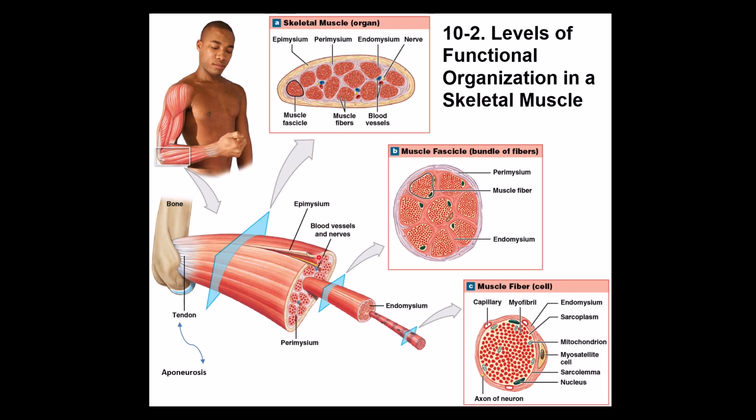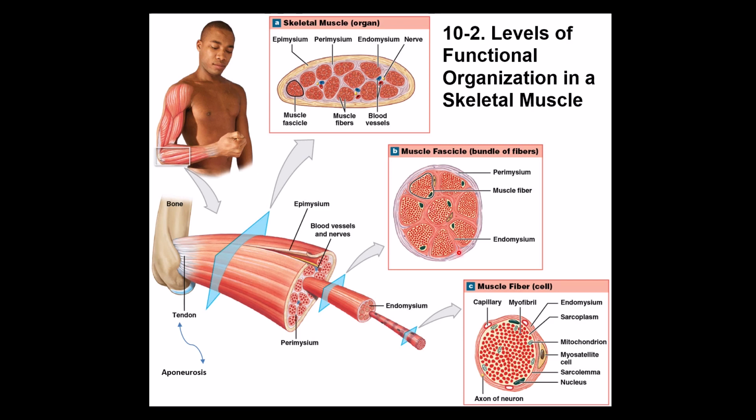The skeletal muscle is made of these bundles, and these are called muscle fascicles, and the muscle fascicle is covered by another type of tissue, and that is called perimysium. That is a connective tissue again. Then the muscle fascicle is made of multiple muscle fibers. So these are the muscle fibers.